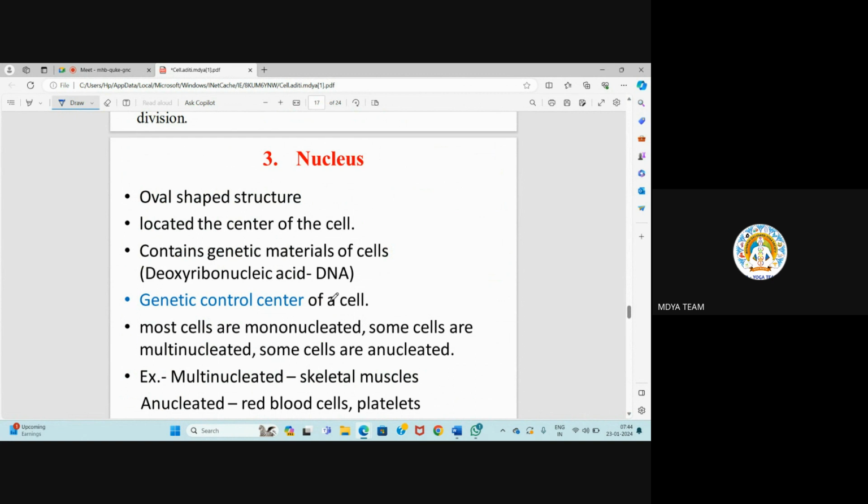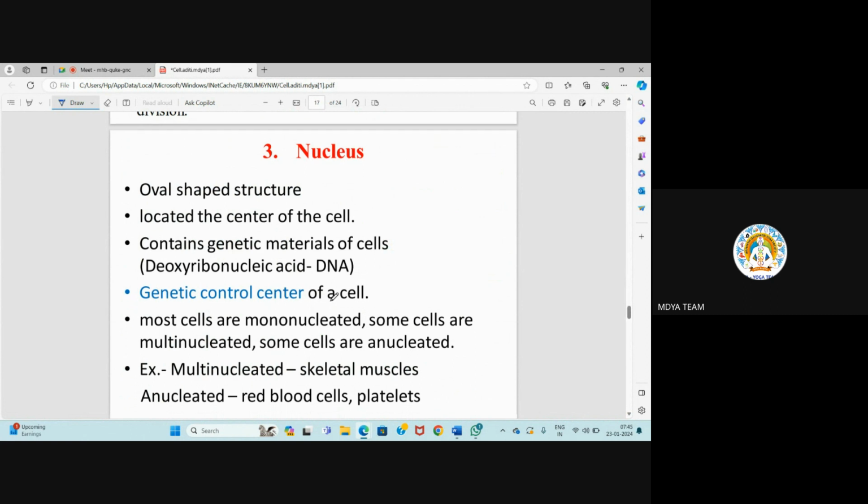You all are familiar with the term DNA? DNA test. Okay. So this DNA contains the main genetic material. And the full form of DNA is deoxyribonucleic acid. You have to remember this. Now, the genetic control center of the cell is the nucleus, because the nucleus contains DNA.